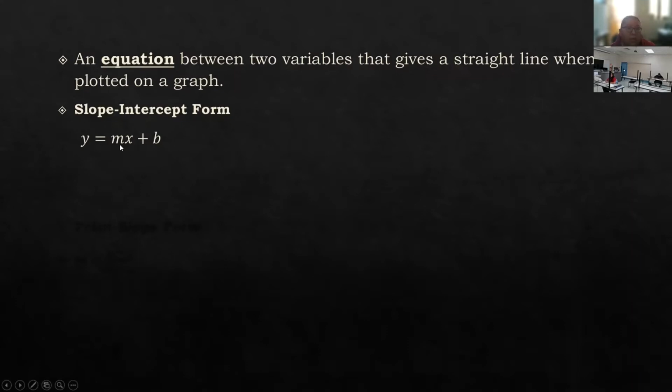So our m is represented by our slope. Then we have our x, then b.